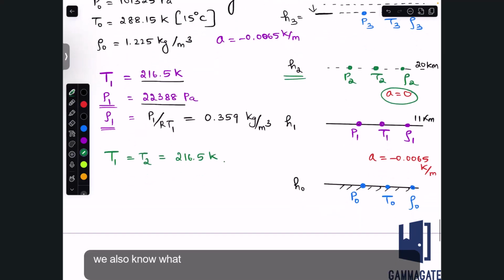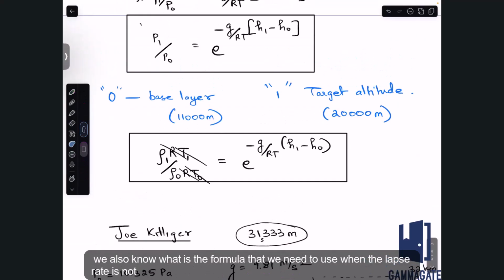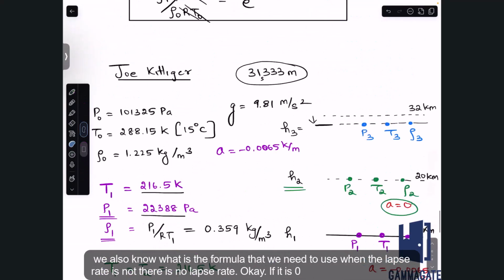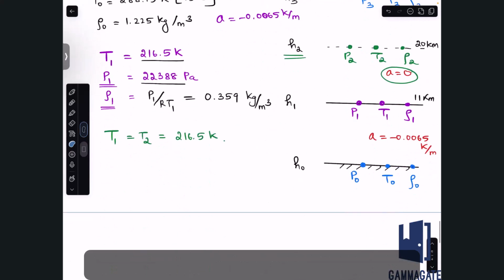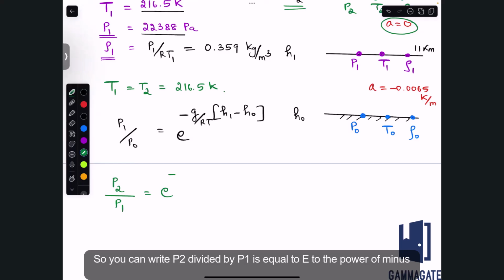And we also know the formula that we need to use when there is no lapse rate. If it is 0, you will use this formula to calculate the value of P2. So you can write P2 divided by P1 is equal to e to the power of minus G by RT times the height.